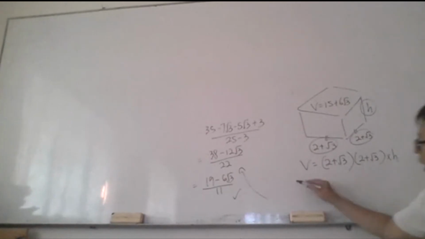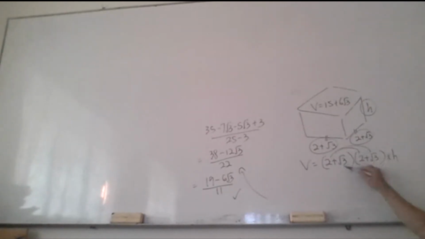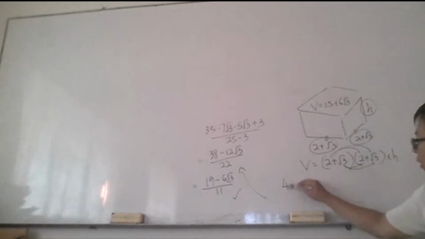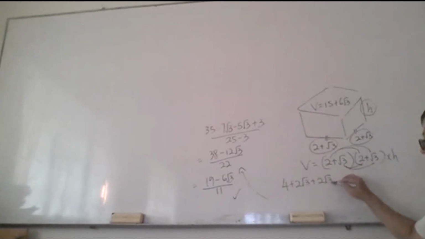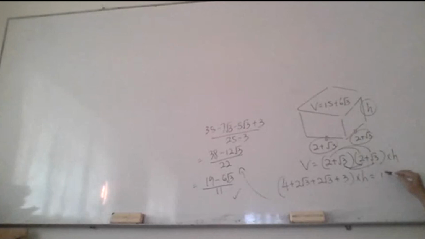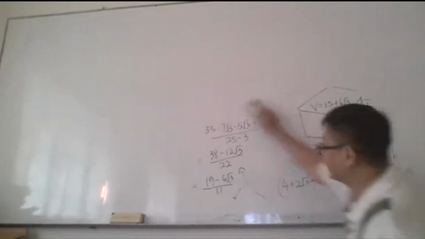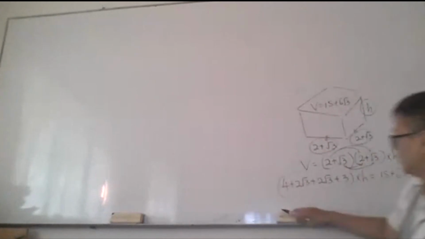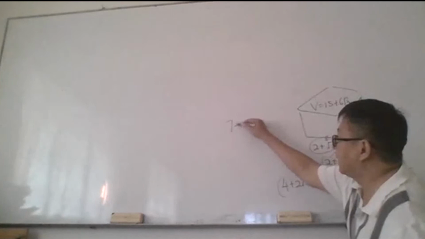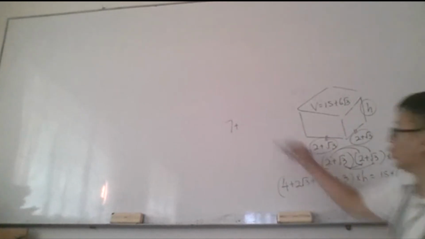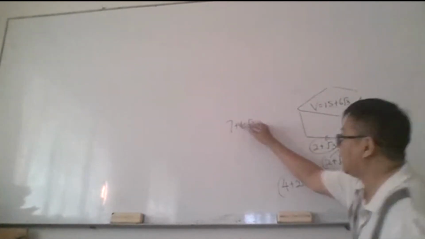And then this will be your expanding: 4 plus 2 square root 3 plus 2 square root 3, plus 3, times h will be 15 plus 6 square root of 3. And then 4 plus 3, you get 7. Okay, 2 plus 2, so you get 4 square root 3.